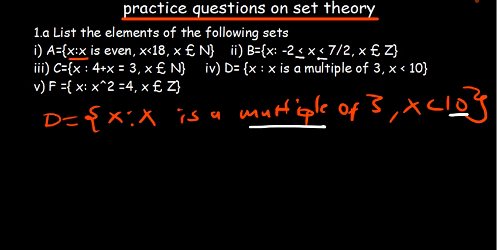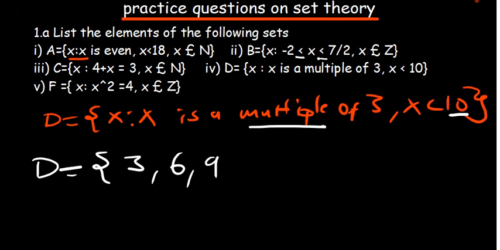So what numbers are less than 10 and divisible by 3? We can think of 3 itself, which is divisible by 3. Then 6, and what else? 9. So these are the three numbers that are multiples of 3 and are less than 10. So that's it about D.